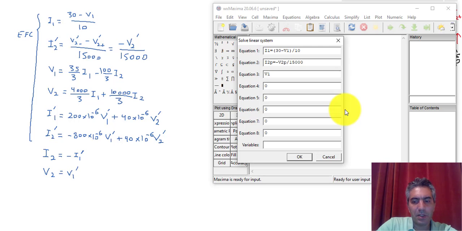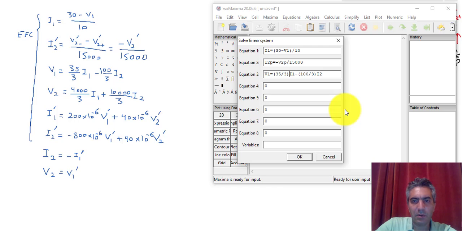Then V1 is equal to 35 divided by 3 I1 minus 100 divided by 3 I2.